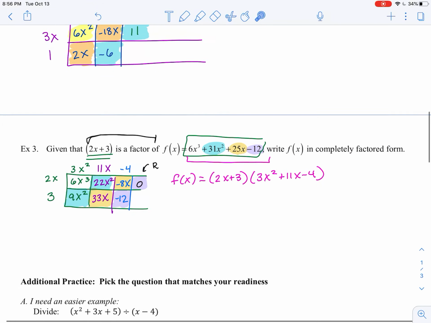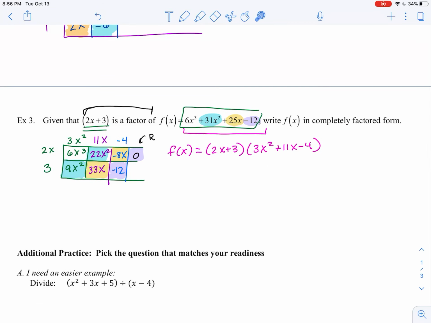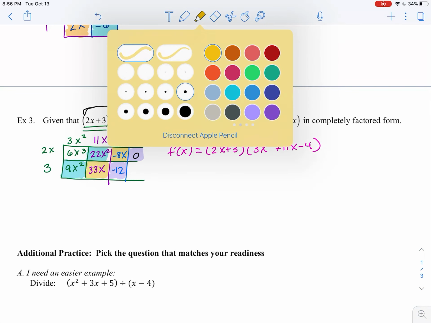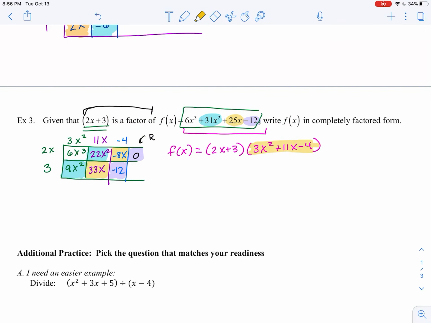So why did this help me, right? Let's think about that. I did not know how to factor this straight away. I couldn't just factor that. So I divided out this factor they already gave me. Now I have something that I can factor myself, right?